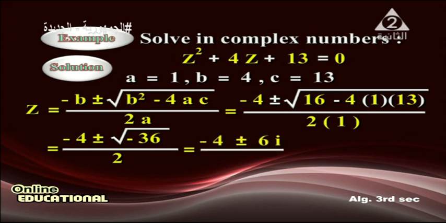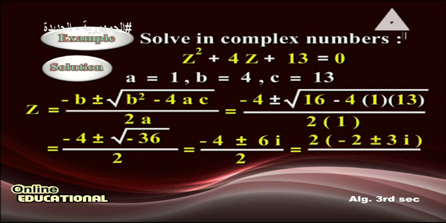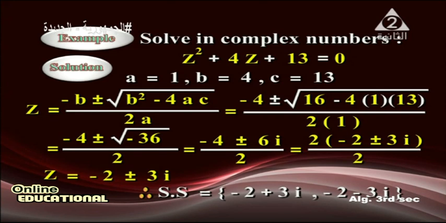Square root of negative 36 equals 6i, so negative 4 positive or negative 6i over 2, taking 2 as the highest common factor, 2 divided by 2 equals 1. Then the answer is negative 2 positive or negative 3i. This is the value of z. Solve, what do you mean? Solution set: negative 2 plus 3i, negative 2 minus 3i.